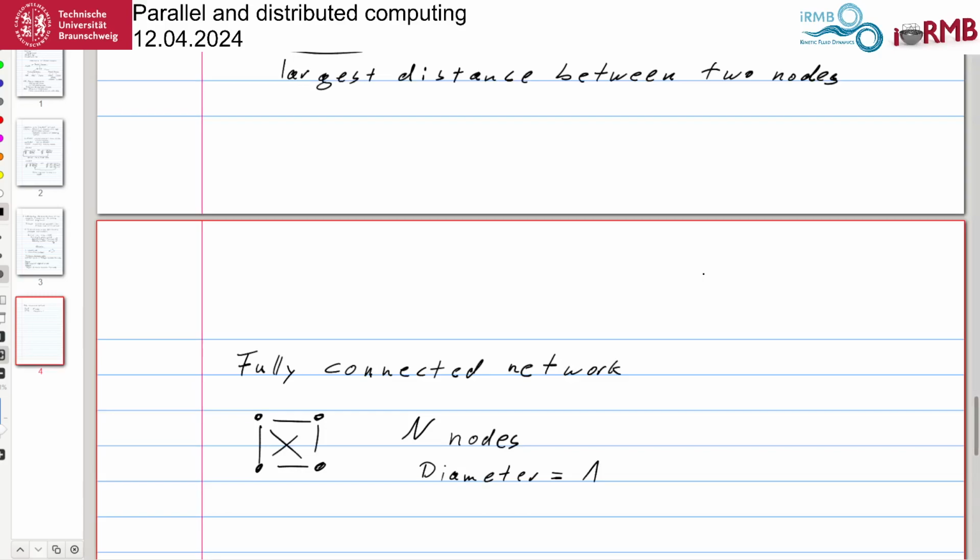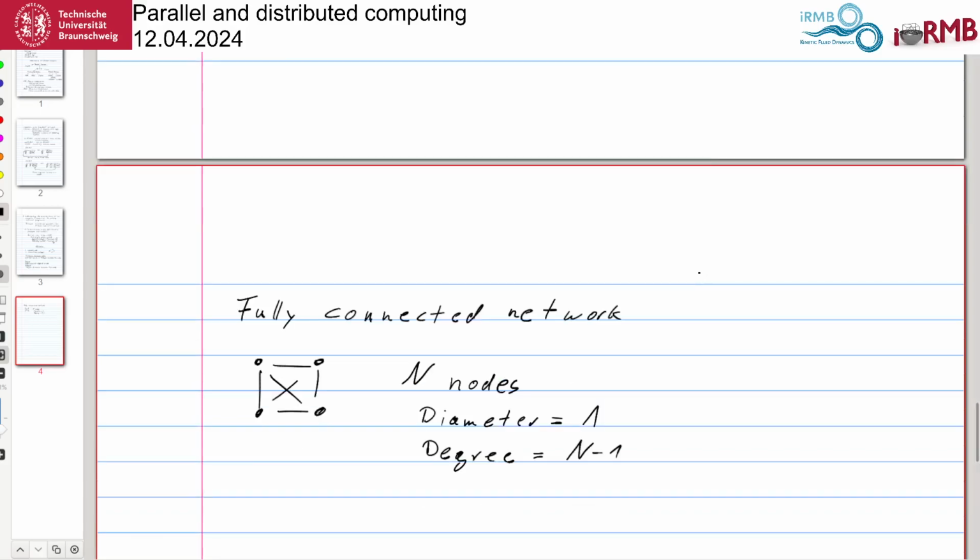So what is the degree? Well, okay, you look at the picture. No, in general. Oh, n minus 1. N minus 1. And then the number of connections.